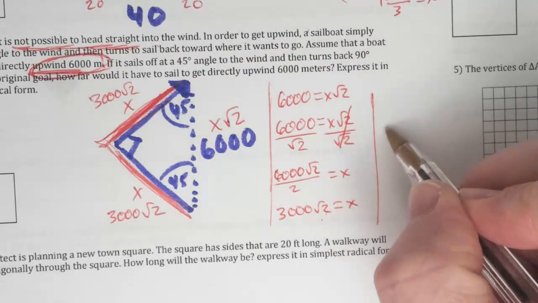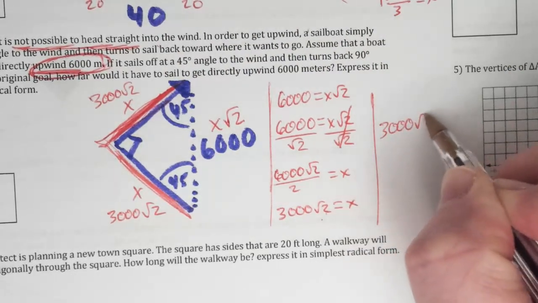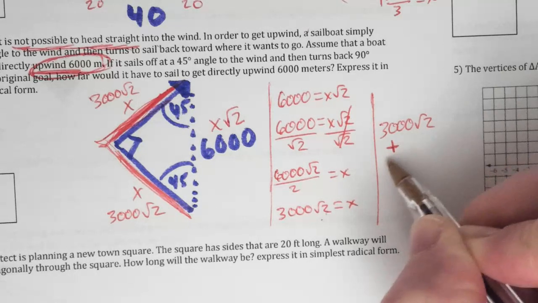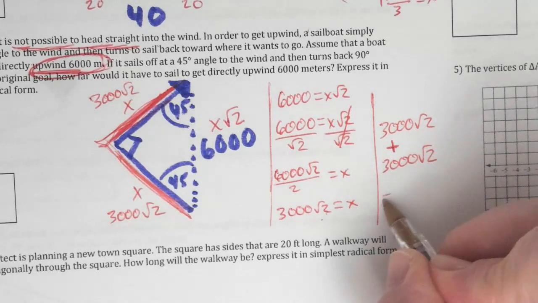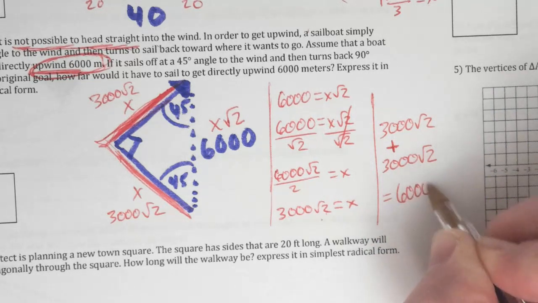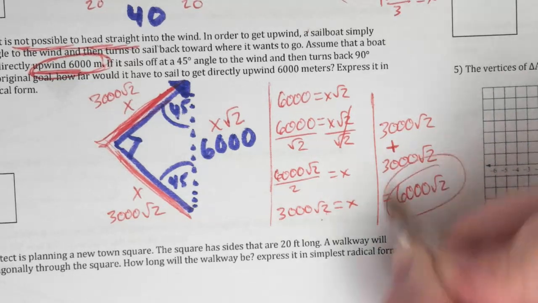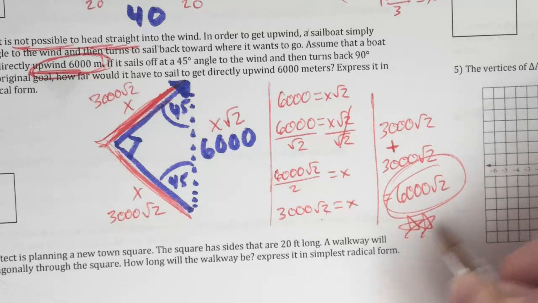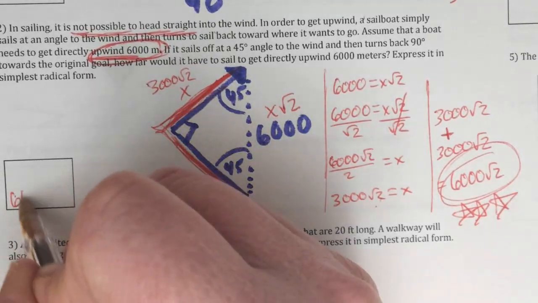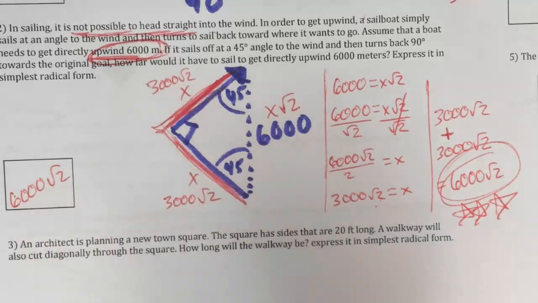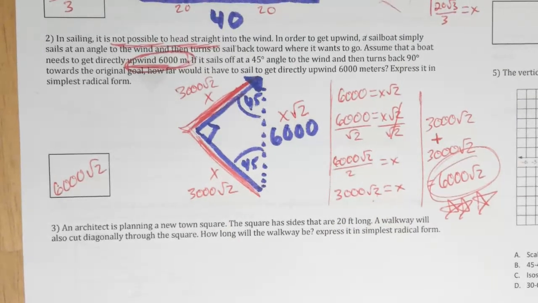So what we want to do is 3,000 radical 2 plus 3,000 radical 2, which equals 6,000 radical 2. That right there is our answer. So 6,000 radical 2 was your final answer for number 2. Awesome. So be careful of those tricky little buggers.